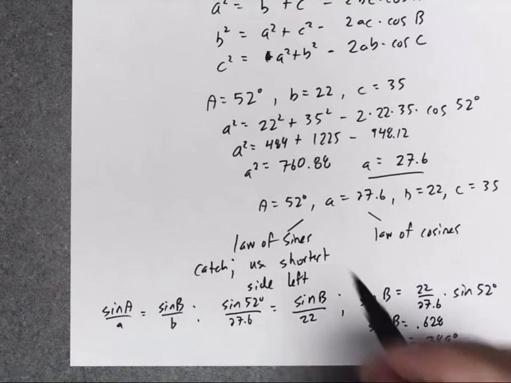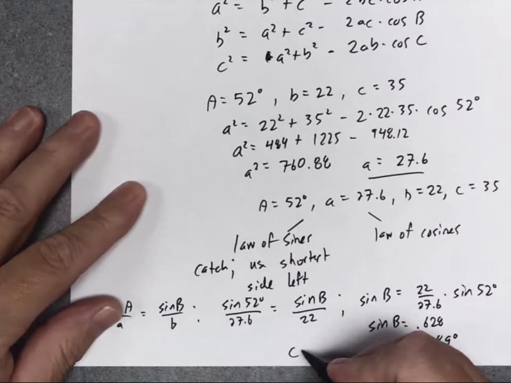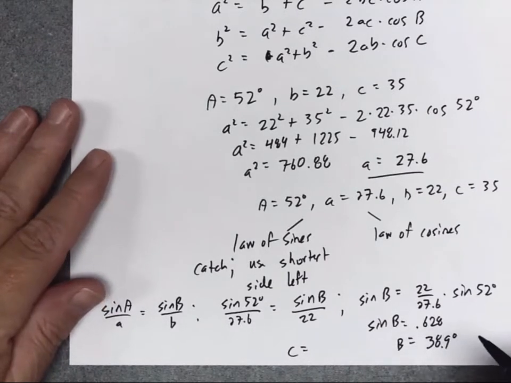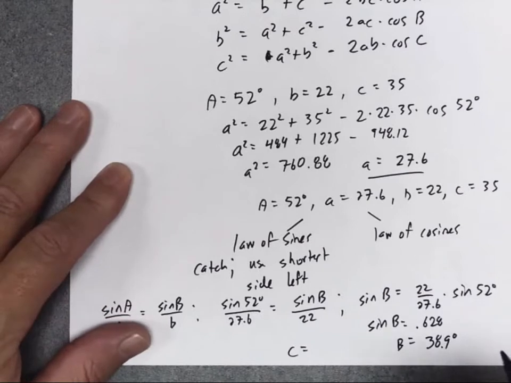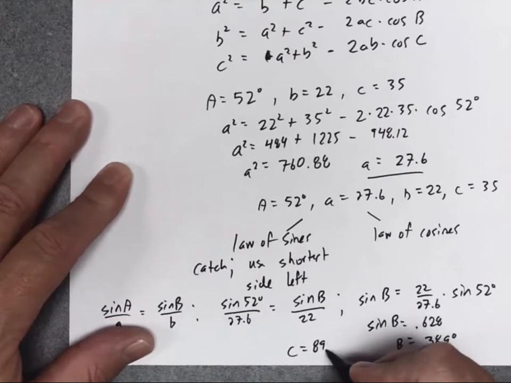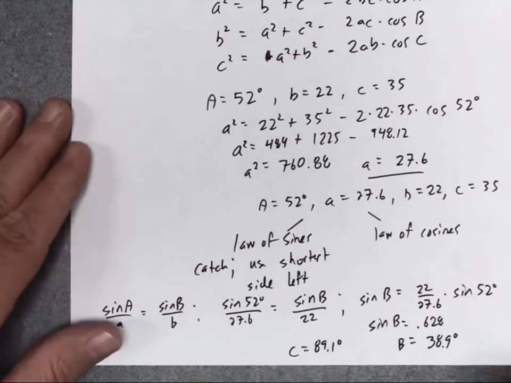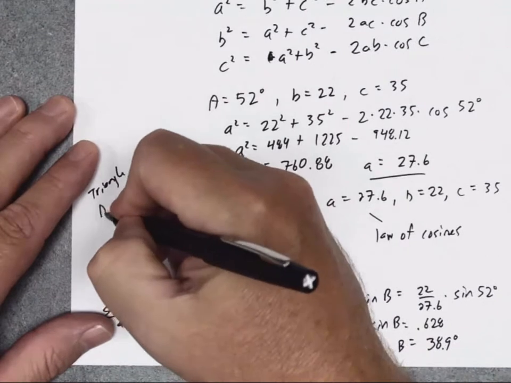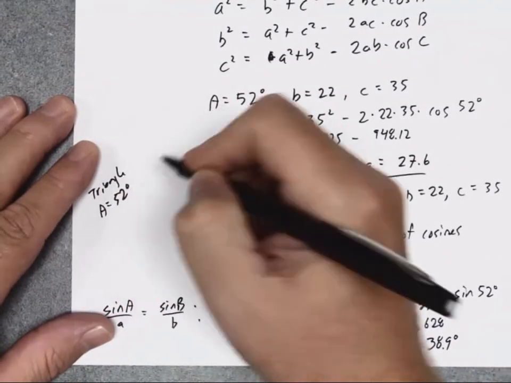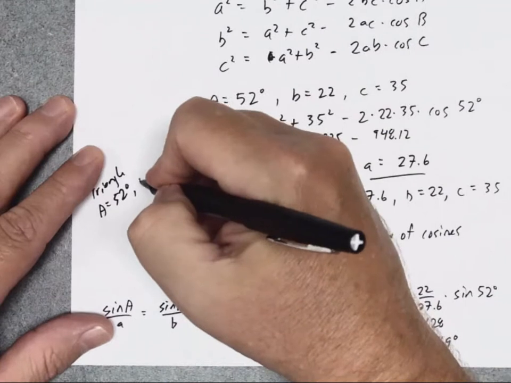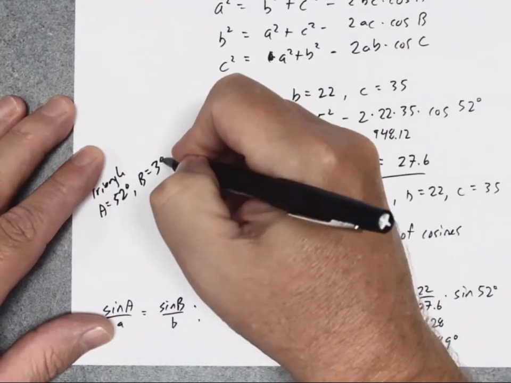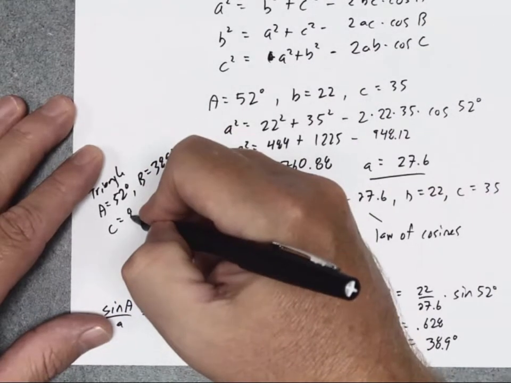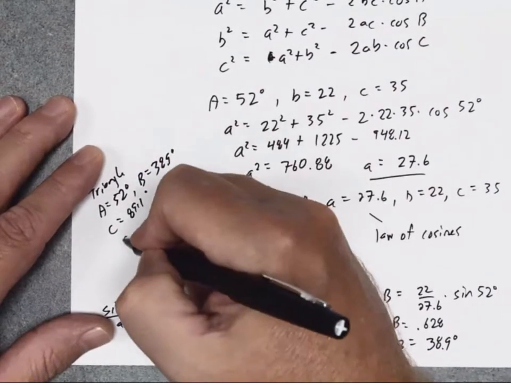And now that we know angle A and angle B, we can easily find angle C. By knowing they add up to 180, I'm just going to write the answer down. Angle C is... so in summary, if I want to write my triangle over here, angle A is 52 degrees, angle B 38.9 degrees, angle C is 89.1 degrees.